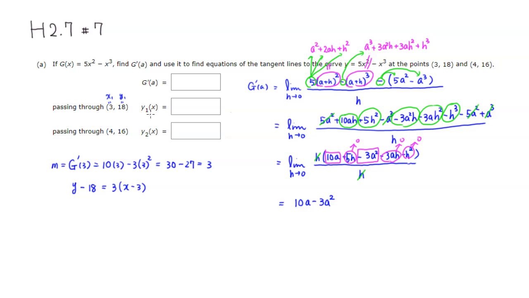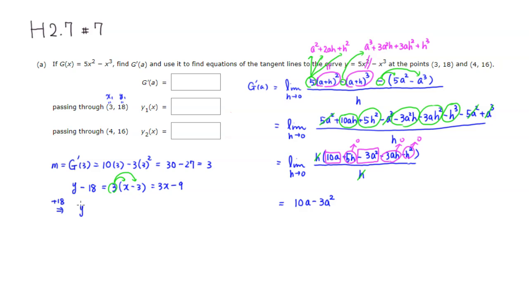Since they want y equals form, I'm going to go ahead and multiply out. You have 3x, and then multiply by 3 there. So we have 3x minus 3 times 3, so minus 9. Then the last step is I have to move negative 18, so you add 18 to both sides.